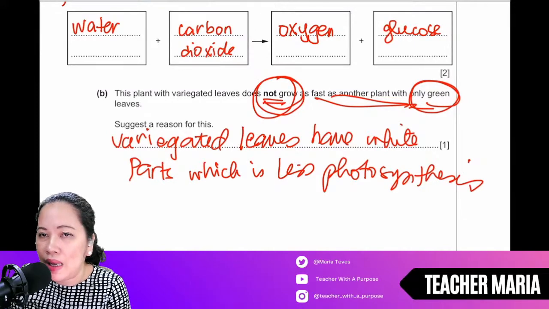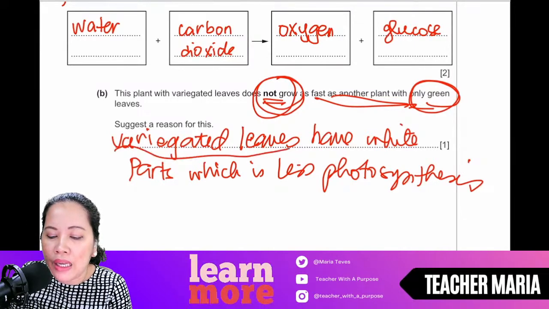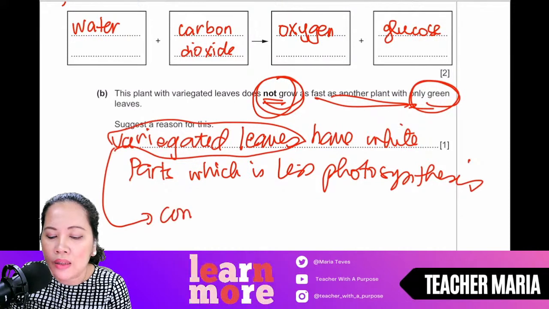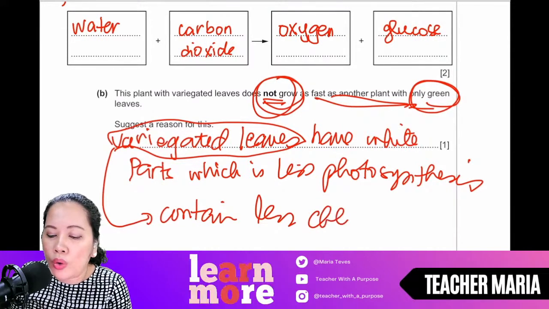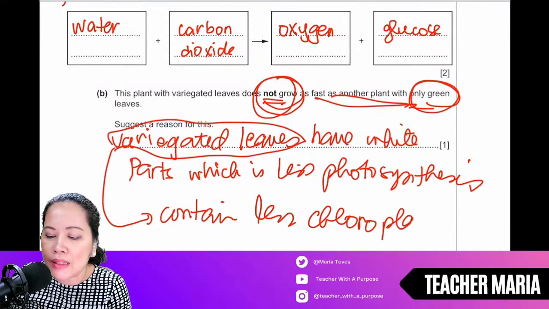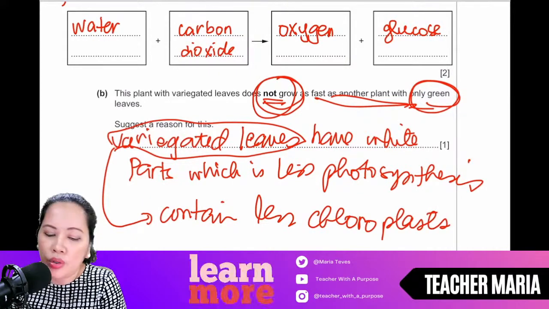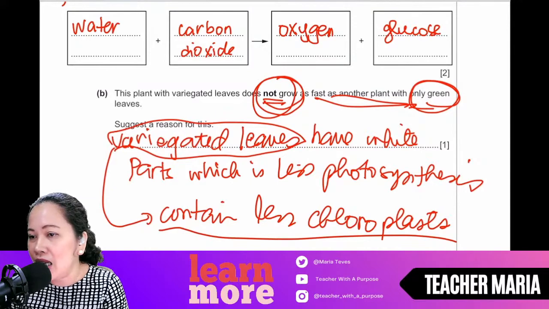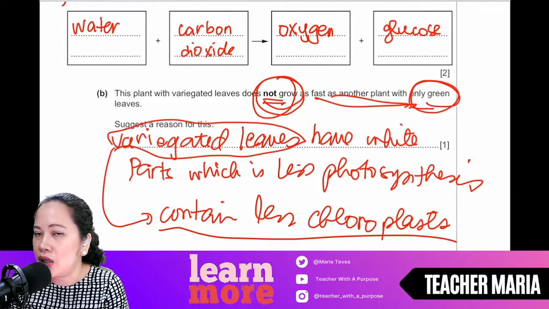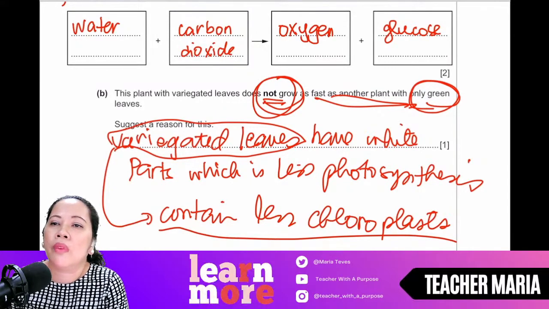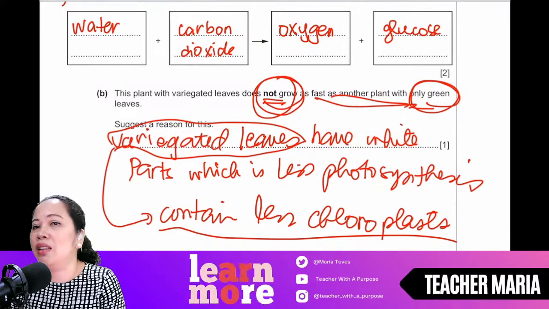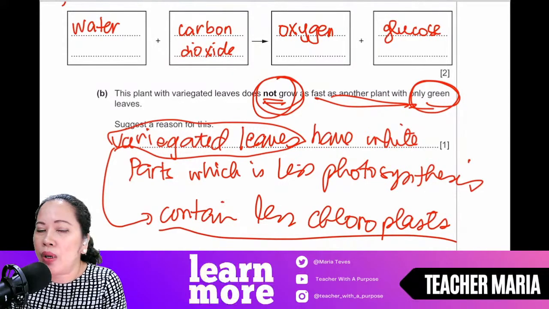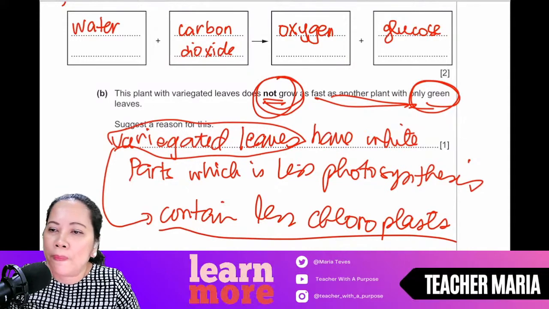Or you can say the variegated leaves contain less chloroplast. Okay, so you could also answer that. So if it has less chloroplast, that means that it contains less chlorophyll. Or since chlorophyll is needed for photosynthesis, then since it has a white part, it has fewer.